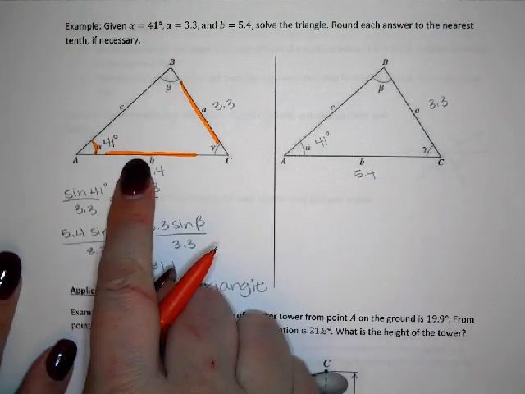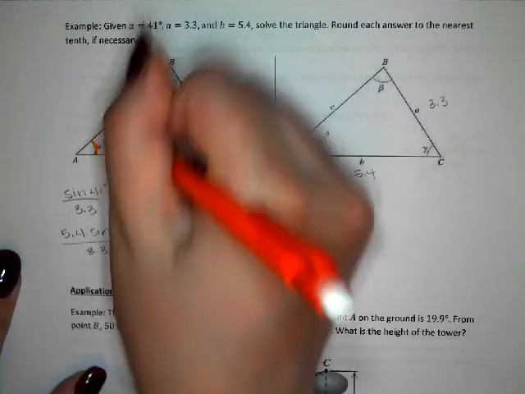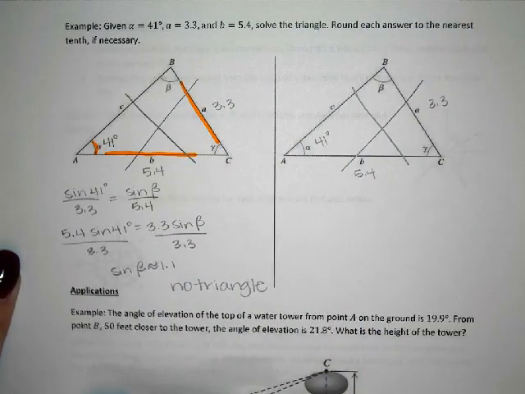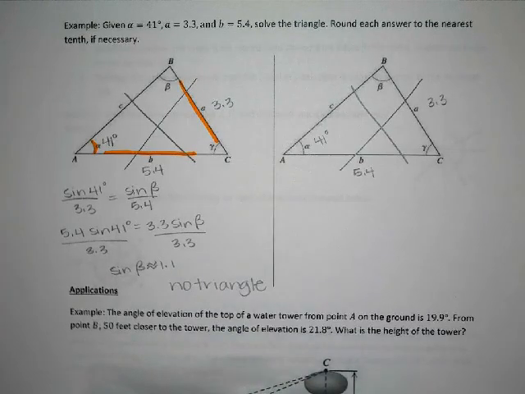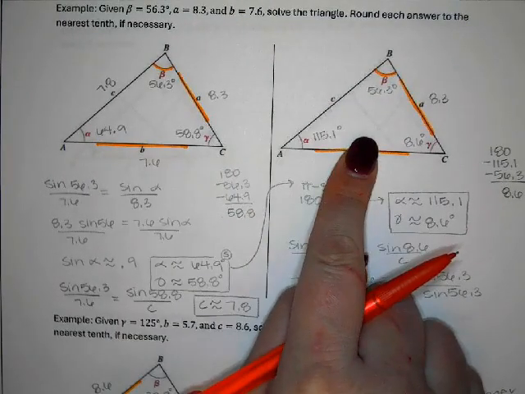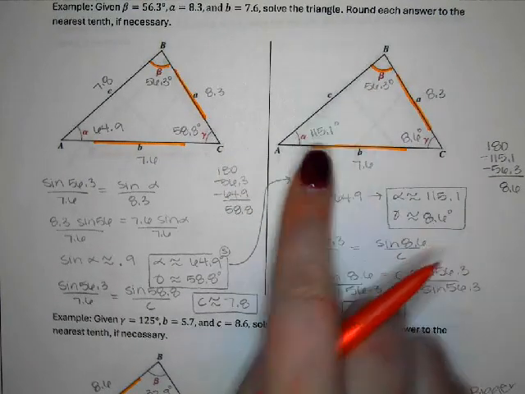Right? So those are the three situations you can have if the information that you're given is angle side side. And the key is that as soon as you see that the information you have is angle side side, you immediately draw two triangles. And when you're solving for the first angle and you have done sine inverse to solve, sine, I didn't write it down, but we had sine alpha equals 0.9.